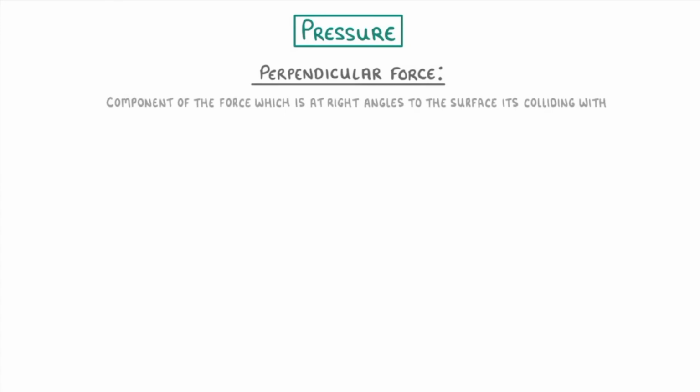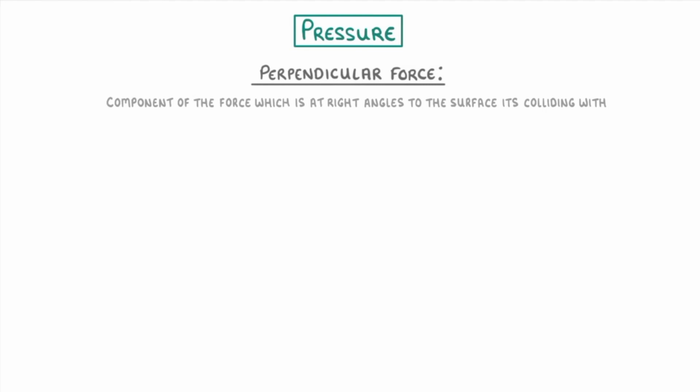Whatever the source is, one important thing to be aware of is that we always use the perpendicular force, which means the component of the force which is at a right angle to the surface it's colliding with.